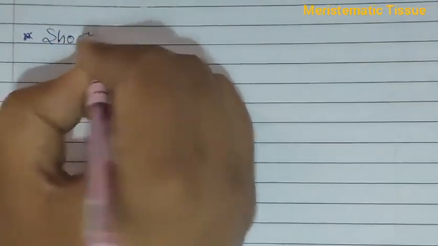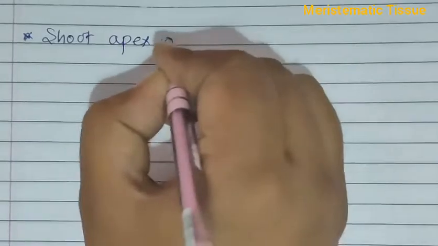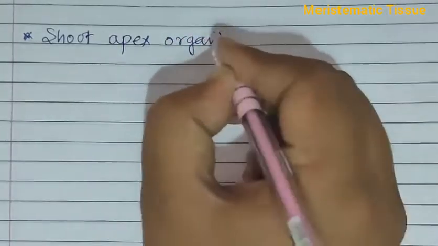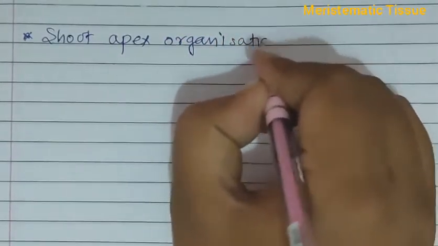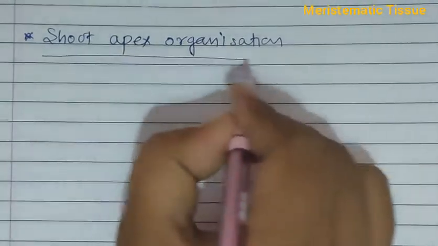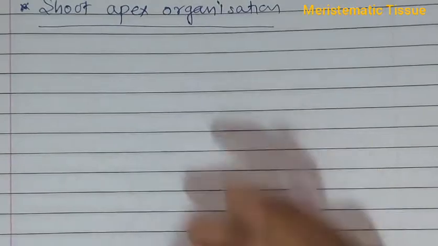And in apical meristem we have studied that specifically these are present at the apex. Now, there is a shoot apex and a root apex. So here we study the next topic, that is shoot apex organization. Now when we draw the diagram of this shoot apex organization, it looks something like this.